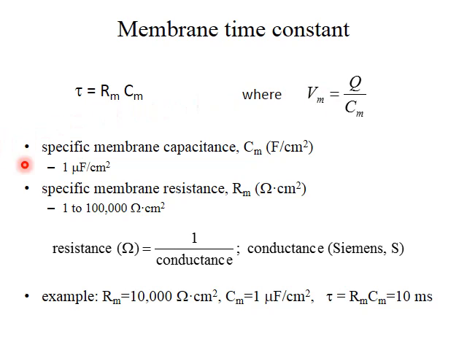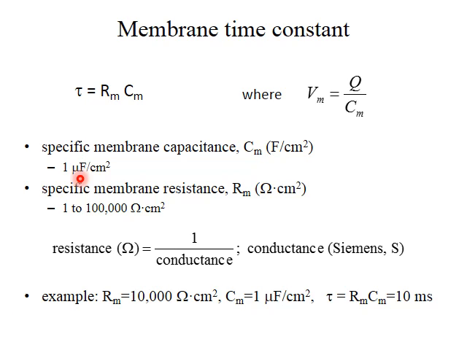Let's look at examples of the membrane capacitance and resistance. First, we define a term called the specific membrane capacitance, which is the capacitance of the membrane per unit area, and it's useful to define the capacitance per square centimeter. Capacitance is given in units of farads, and so the specific membrane capacitance has units of farads per square centimeter.